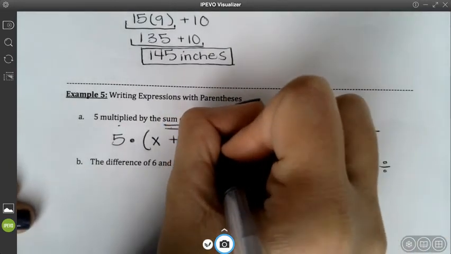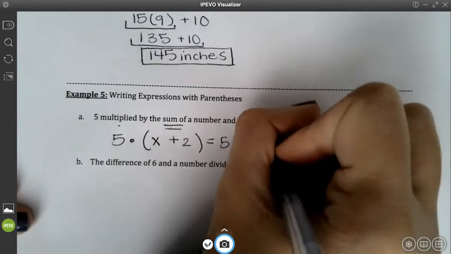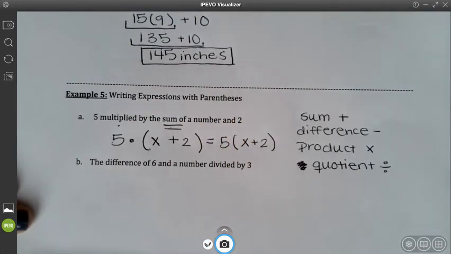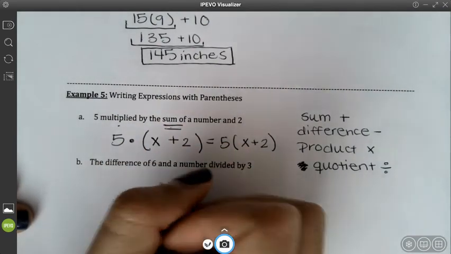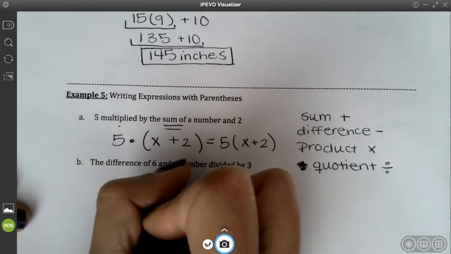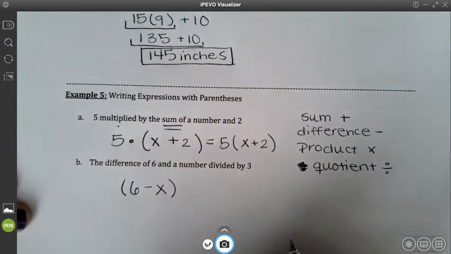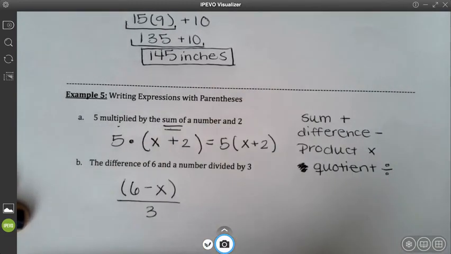You can rewrite this as 5 directly next to parentheses because we know that is multiplication as well. Part B, last problem. The difference of 6 and a number, so I'm going to put this in parentheses, the difference of 6 and a number divided by 3. And that's the end of those notes.